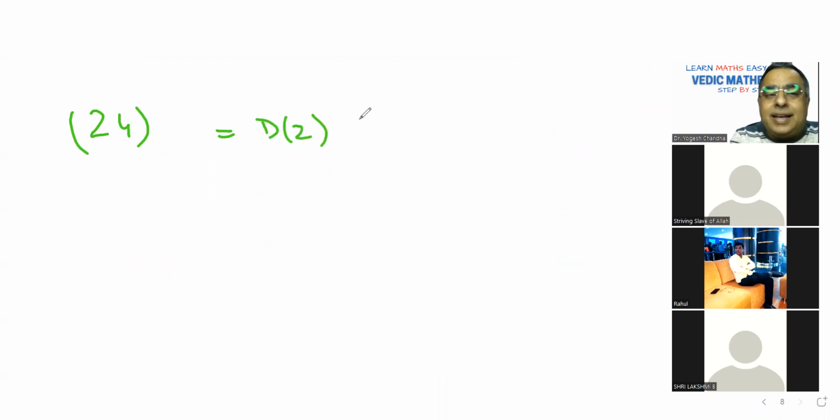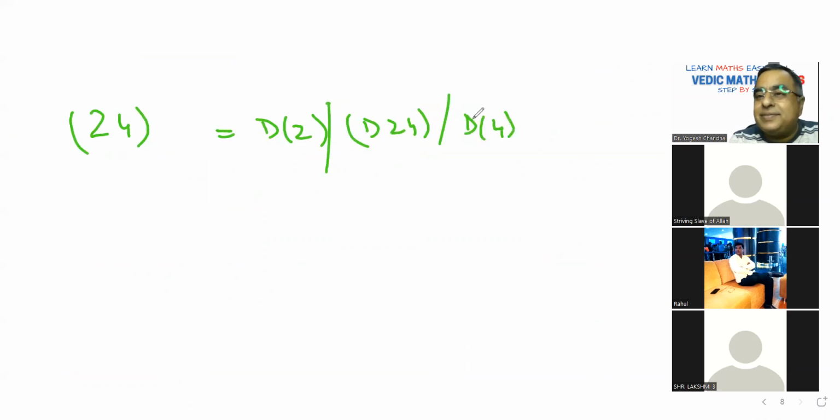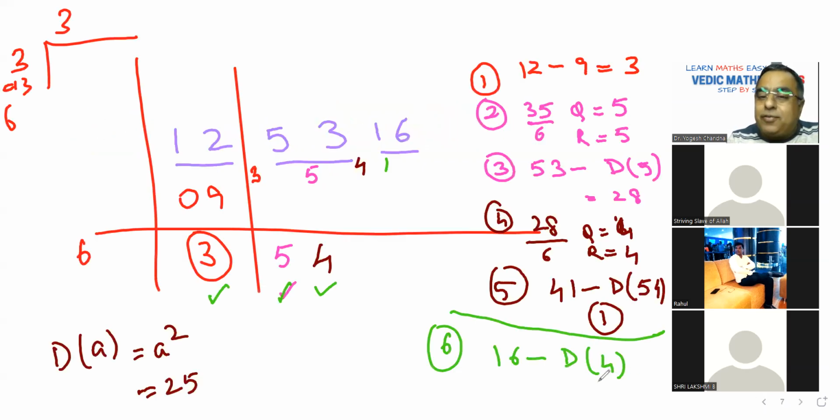For a 2-digit number like 24, it is D of 2, then D of 24, then D of 4. First all the digits, then reducing. This is the reason for D of 4. So 16 minus 16 becomes 0, and my quotient or my square root is 354.